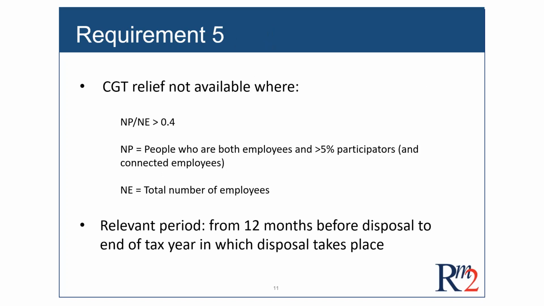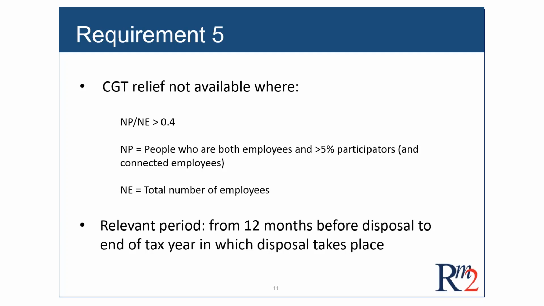And then there's a slightly stranger requirement called the limited participation requirement. And effectively, this is to prevent tax avoidance by family-owned companies where the business is sold to a trust. The owners take advantage of the tax relief, but actually the family still control the trust because they're all beneficiaries of the business.